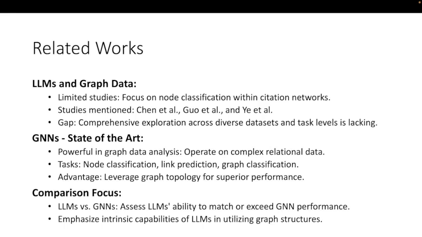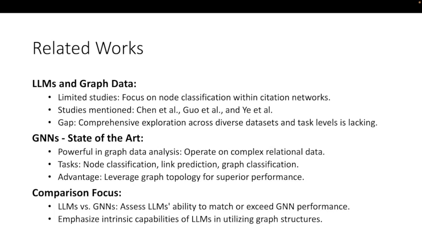Recent studies have started to investigate the capabilities of LLMs in this domain, but the field remains largely underexplored. For example, research by Chen et al. and Guo et al. has shown initial attempts to use LLMs for node classification within citation networks. However, these studies were limited to specific datasets and did not fully explore the potential across various task levels and datasets.